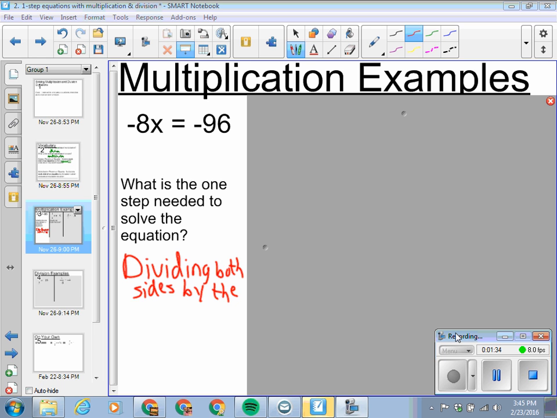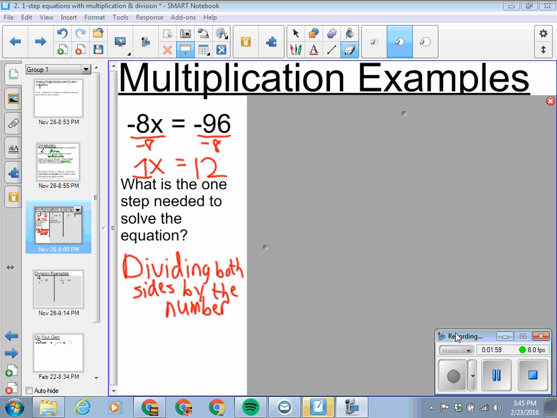Our goal is to get the x by itself, so we divide by the coefficient. Negative 8 divided by negative 8 equals 1. Well, 1x is just x, so if you want to write the 1 there, you can, but there's no need for it. Negative 96 divided by negative 8 is 12. Pretty simple process, just divide by the coefficient.